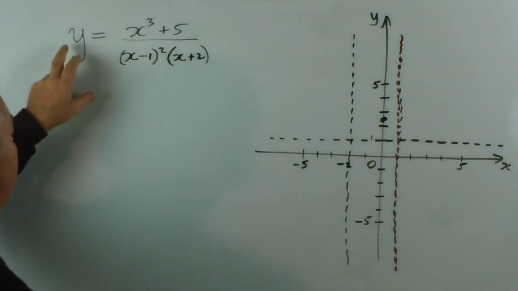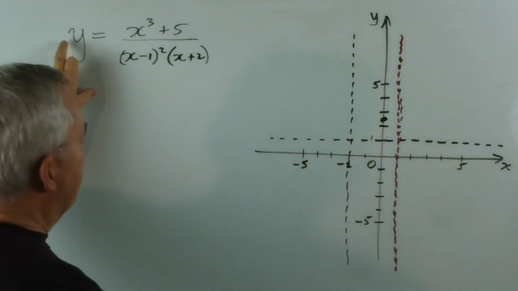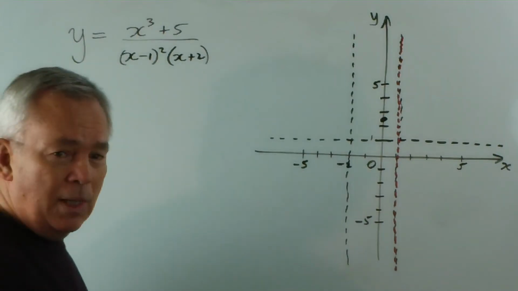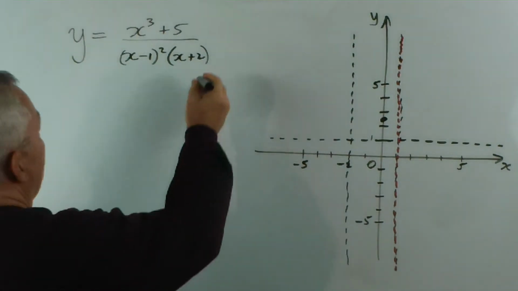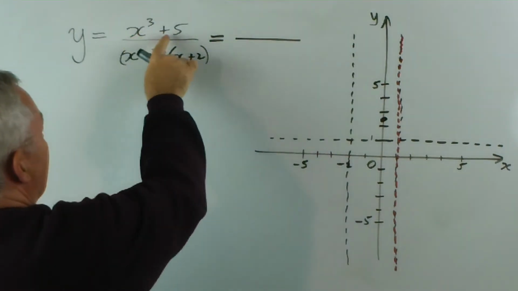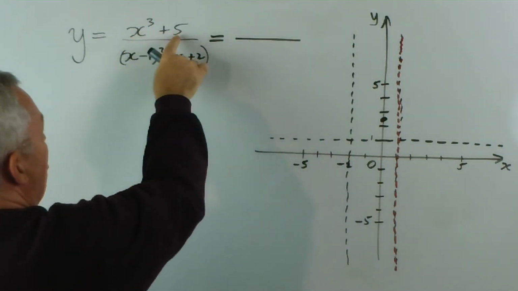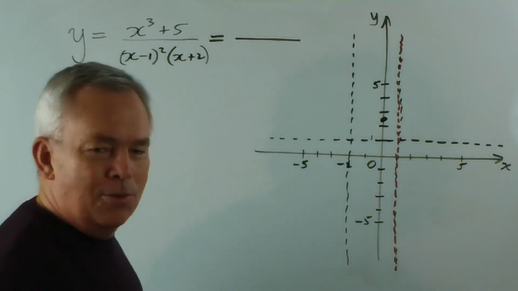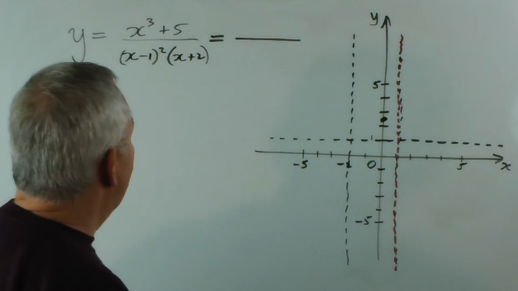Now, is there a value of x that will give y equals 0? Well, the answer is there is one. You could treat this as the sum of two cubes. Now, 5 is not a pretty number. Well, it is normally, but not when you're dealing with cubes.